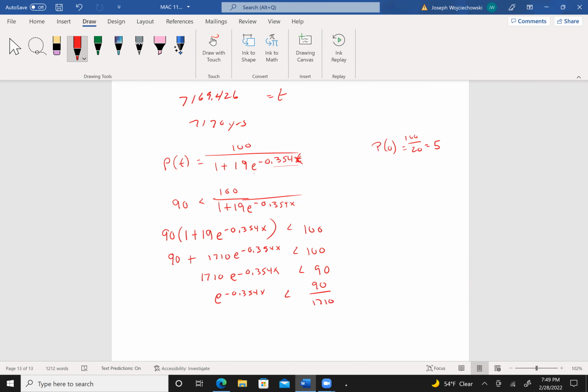So taking the natural log of this, I end up with negative 0.354x less than, and this is what? The natural log of (9 over 171), which is what? 3 over 57, which is 1 over 19. That worked out well, didn't it?